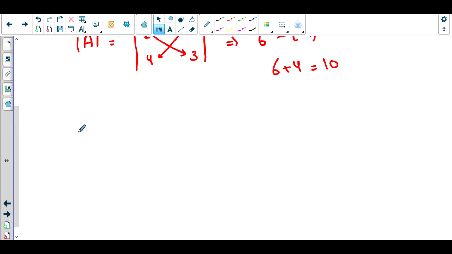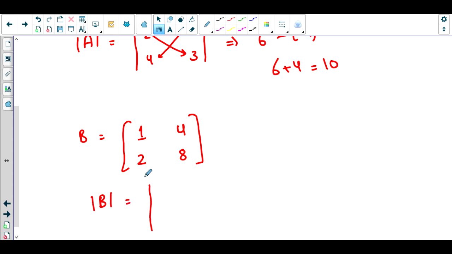Another example is matrix B, and it is 1, 4, 2, 8. We want to find mod of B, the determinant of B. Replace the square brackets with vertical bars. 1, 4, 2, 8.